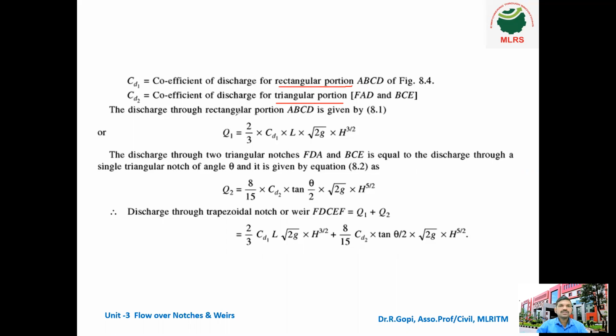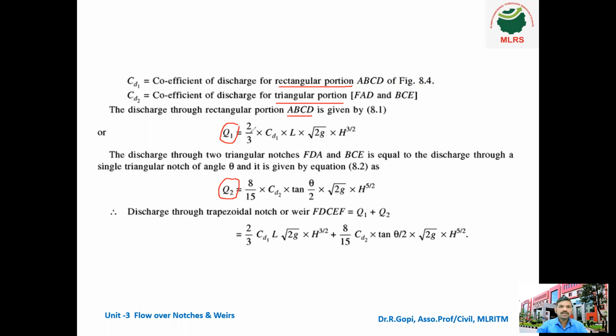Okay, the discharge through the rectangular portion ABCD, as seen in the previous slide in that figure. We know the rectangular notch discharge formula. Here I mention Q1, the discharge through the rectangular portion, and Q2 is the discharge through the triangular portion.